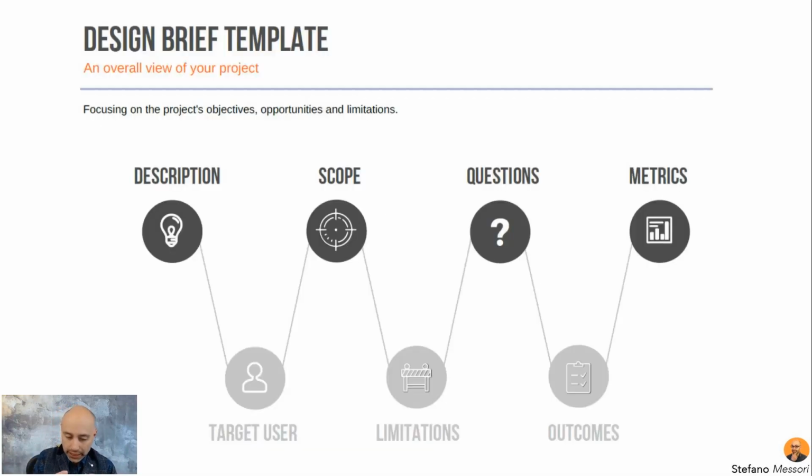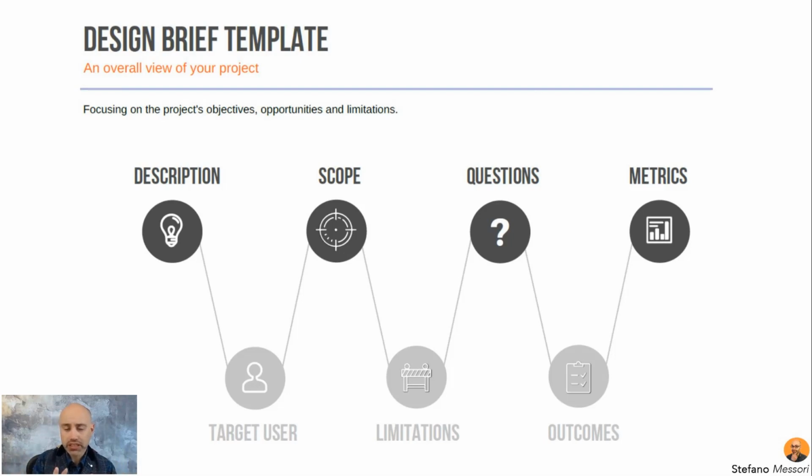What is the overall understanding of your project today? You need to give the people that you want to collaborate with in this project an overall description of your design thinking process. It could be just 5 or 6 lines of text.